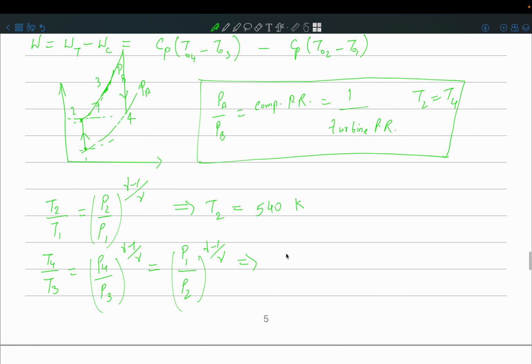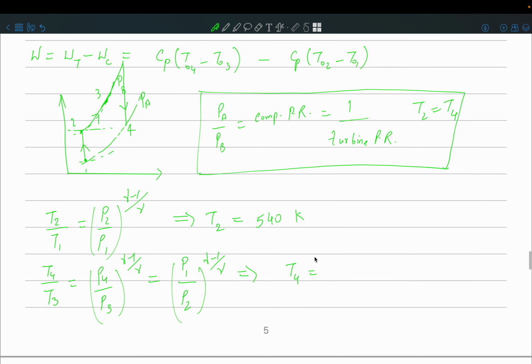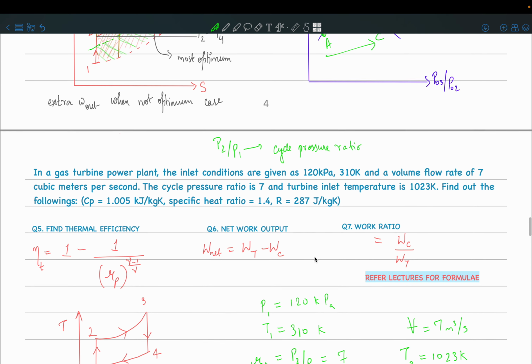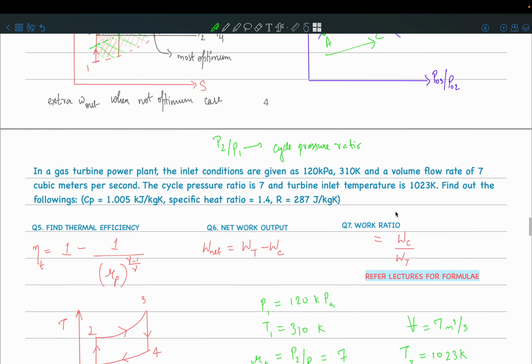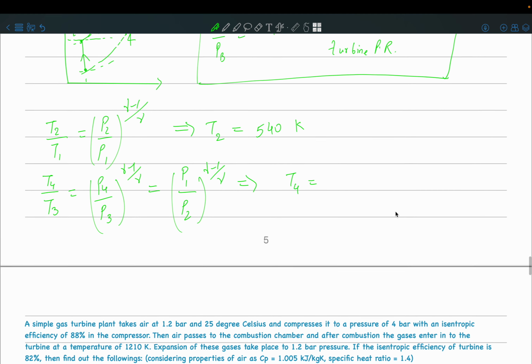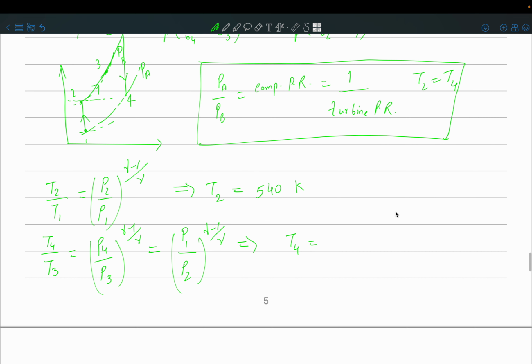So from this, calculate T4 and tell, because T3 we know. Let me go back and display the question for you. So T3 is known to us as 1023 Kelvin, right? So what is T4 going to be? Yeah, okay, 587.5 Kelvin is the answer I have here.